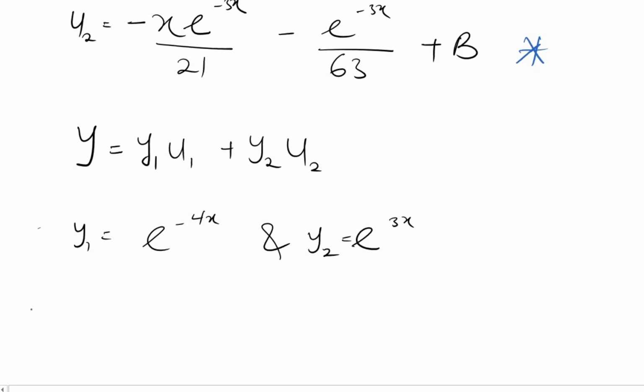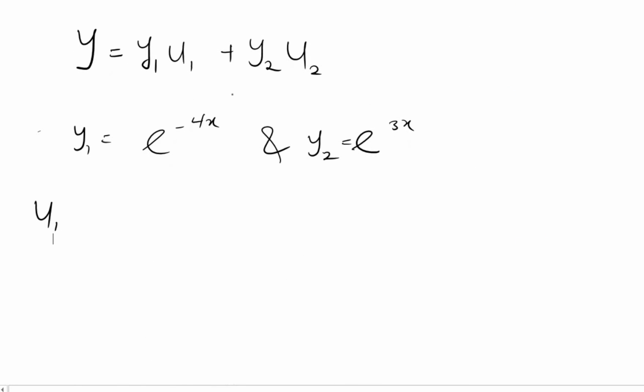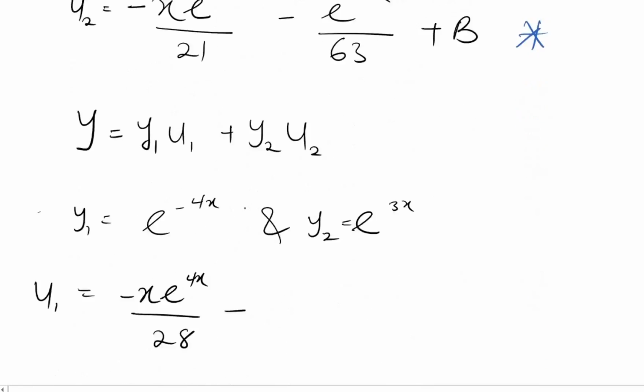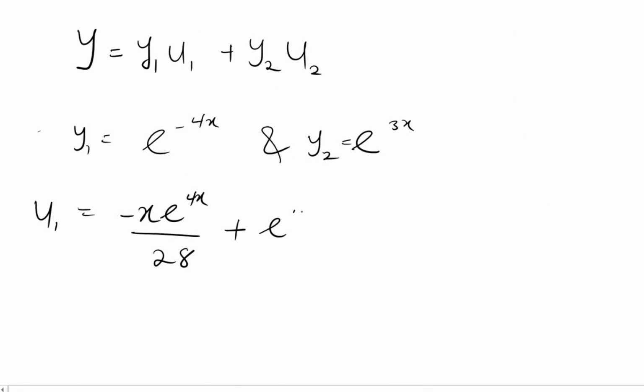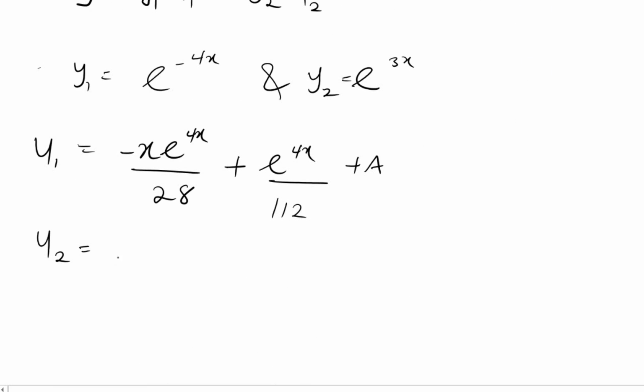So u1 is negative x exponential 4x over 28, then plus exponential 4x over 112, then plus a, and u2 is equal to negative x exponential negative 3x divided by 21 minus exponential of negative 3x divided by 63 plus b.